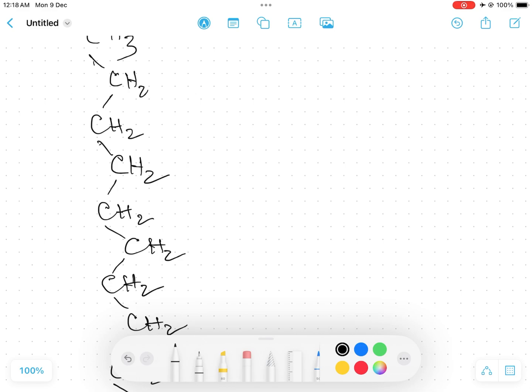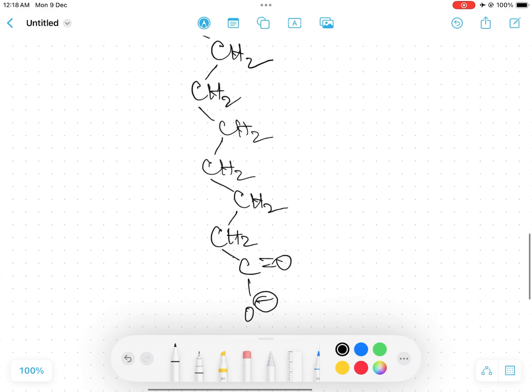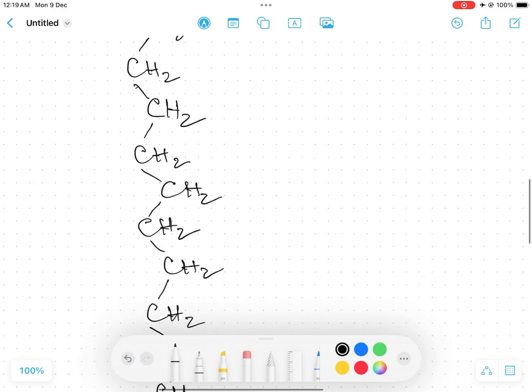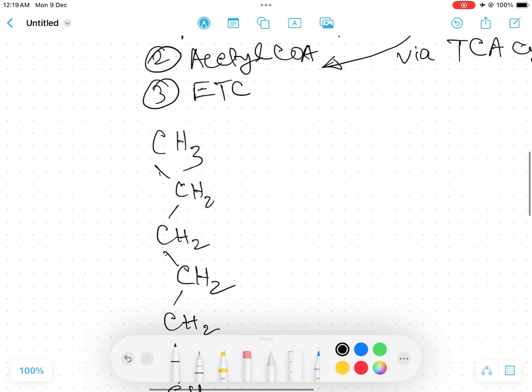This is just an example which I want to show. So this is basically called the palmitic acid or the palmitate that I have drawn.